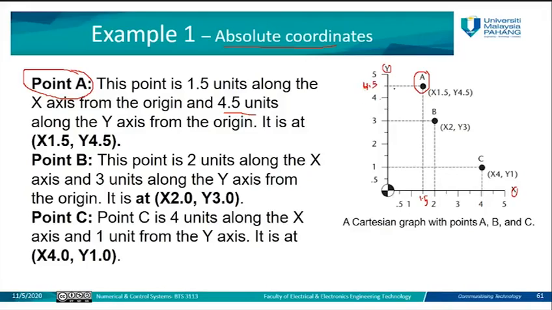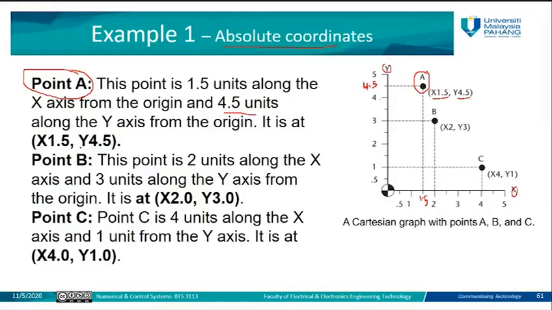Okay, so I have 1.5, 4.5. This defines the coordinates. So x is 1.5, y is 4.5. It is defined with respect to the main reference, which is 0, 0. So from 0, 0, it is 1.5 on x-axis, 4.5 on y-axis.